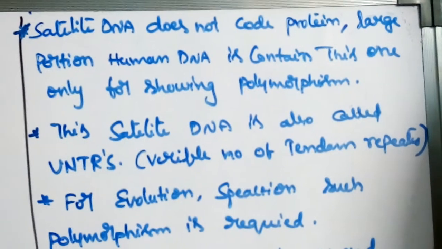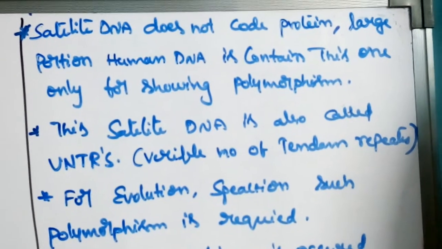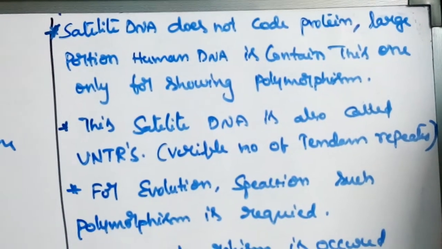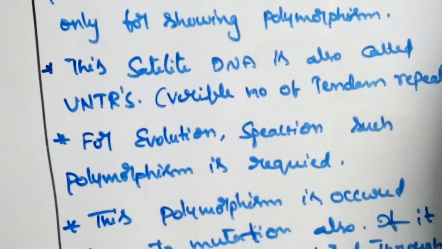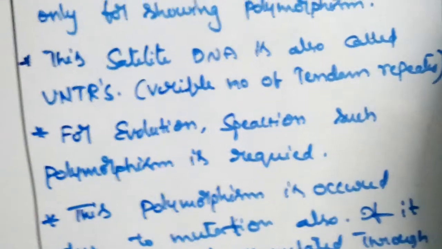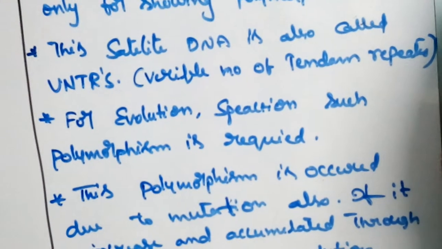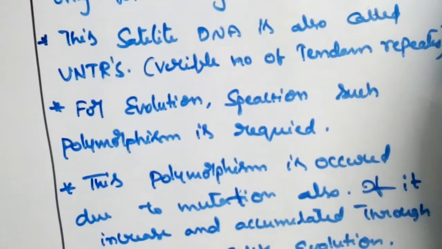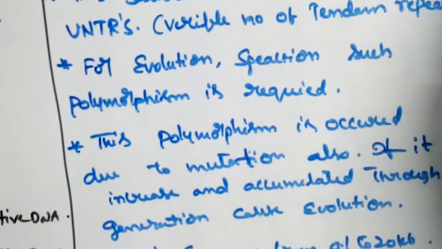This satellite DNA is also called variable number of tandem repeats. These satellite DNAs, the variable number of tandem repeats, are helpful for evolution, speciation and polymorphism.